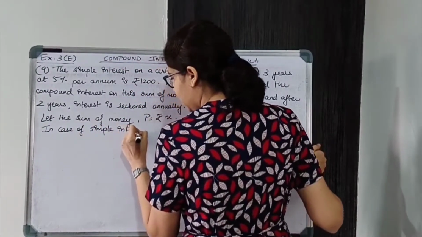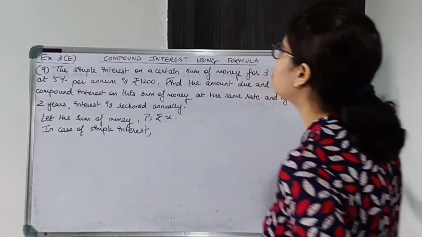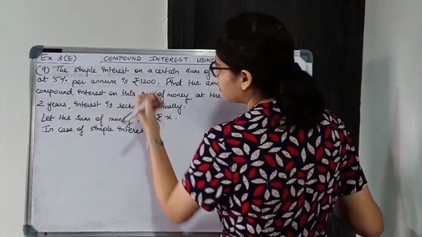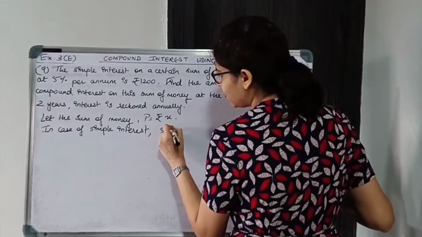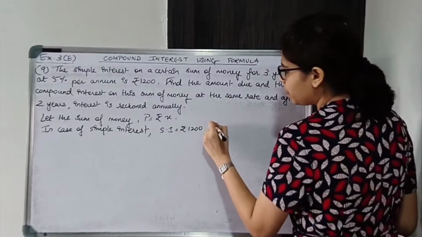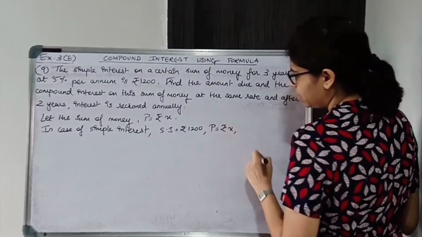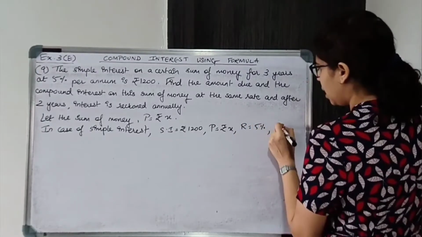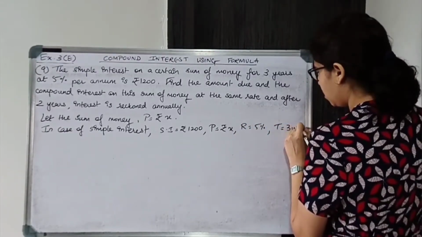We'll just write it down. So the simple interest on a certain sum of money for 3 years at 5% per annum is rupees 1200. So SI is 1200. Okay, principal is X rupees, R is 5%, and time period is 3 years.